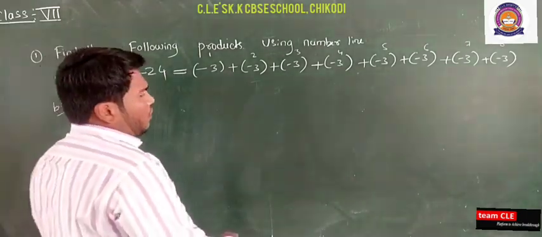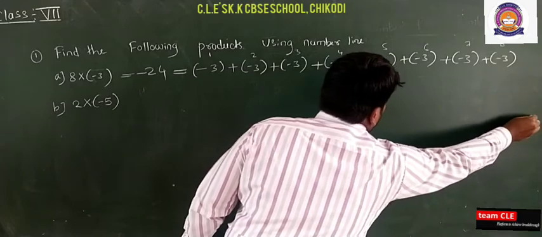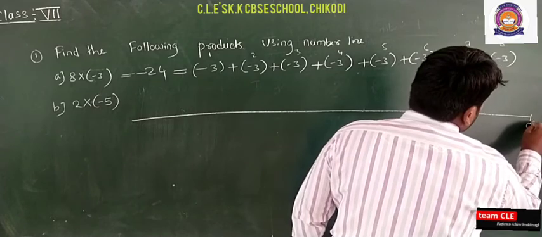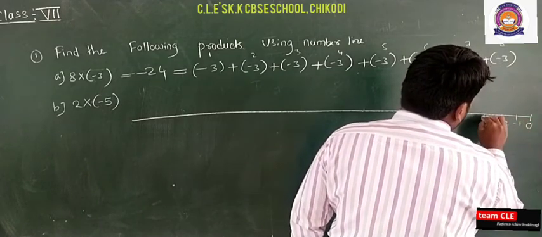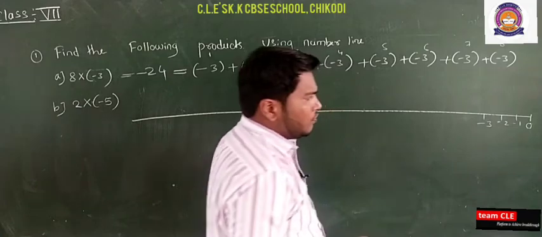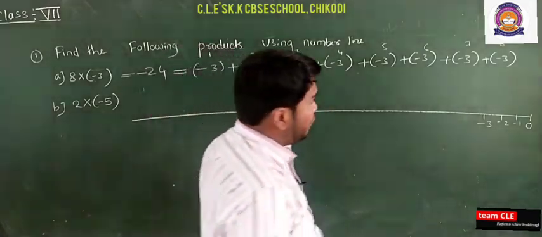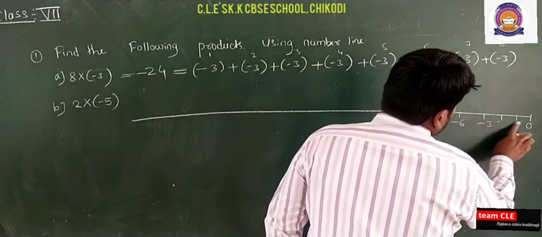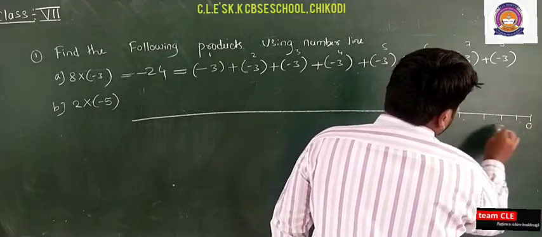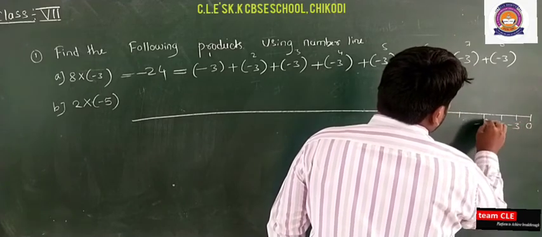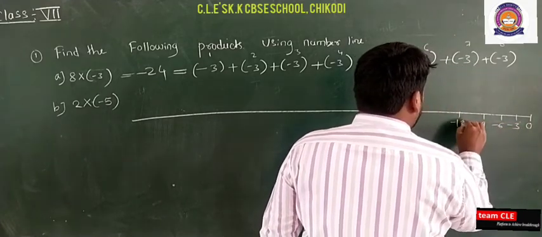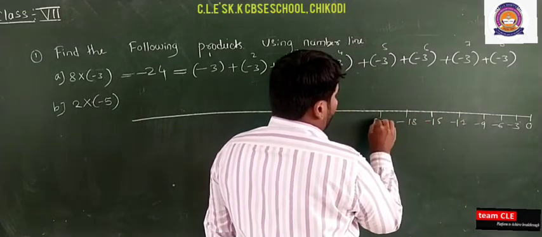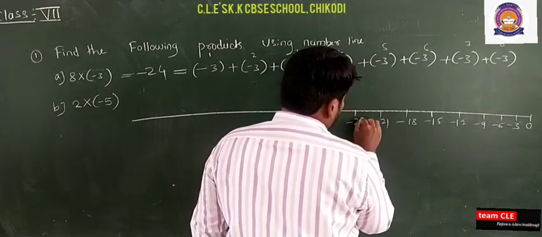So see here how to plot on the number line. You have to draw a number line. You choose 0, then minus 1, minus 2, and this is minus 3. I choose the 3 table: minus 3, minus 6, minus 9, minus 12, minus 15, minus 18, minus 21, minus 24.